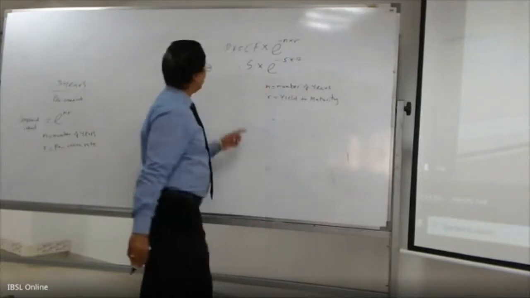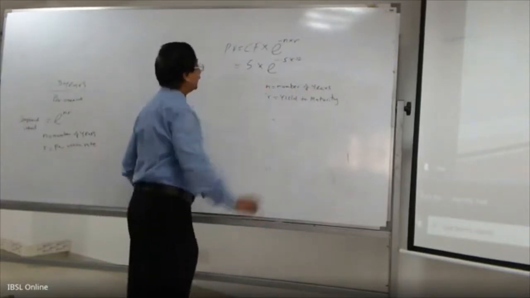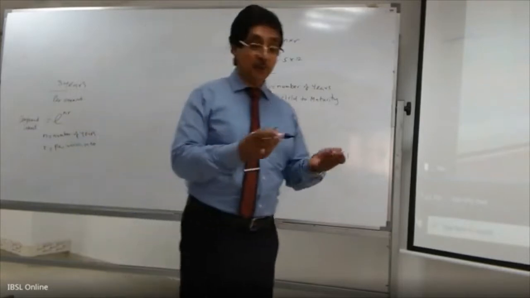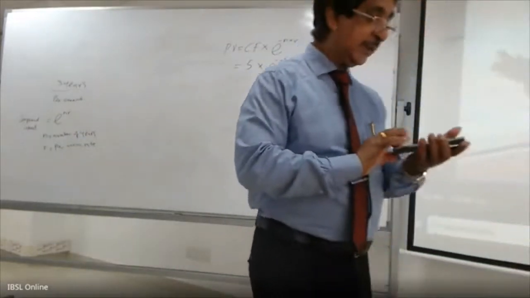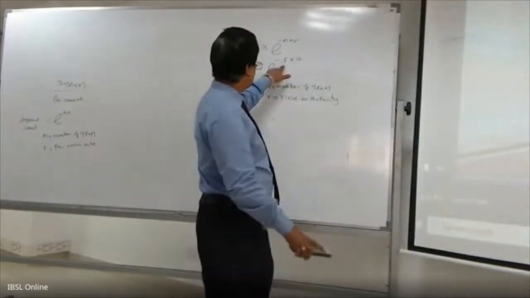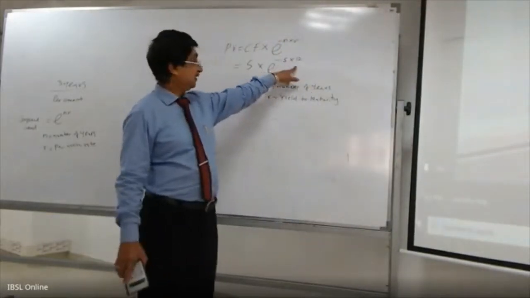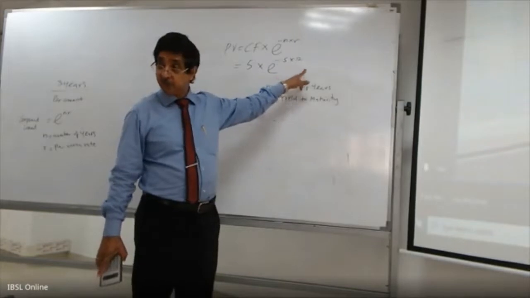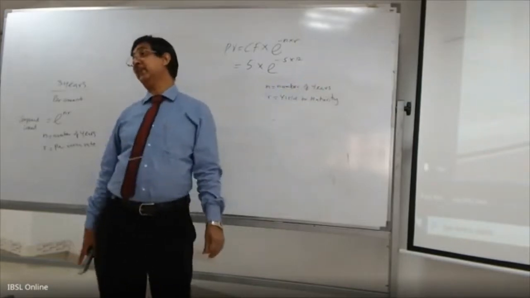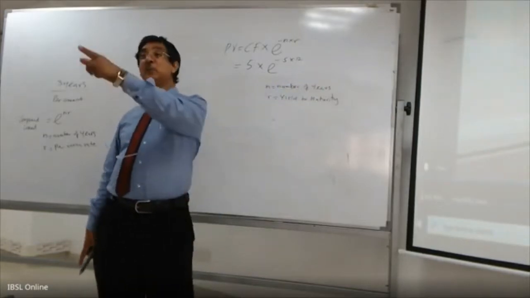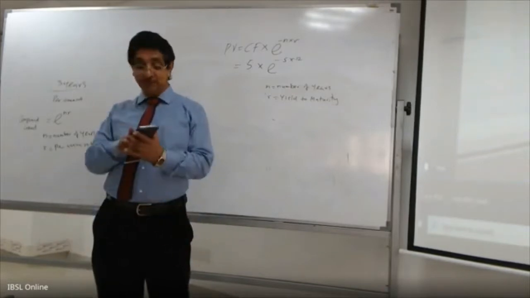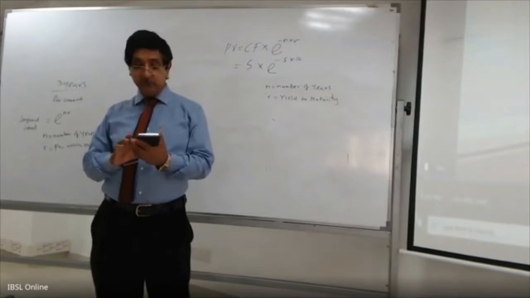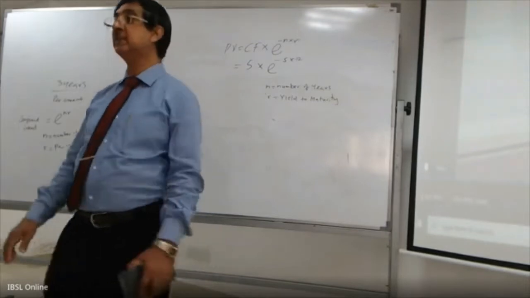Right. Now, how do we do the calculation? Now, if you take this power, 0.5 into 0.12, what is the value there? 0.5 into 0.12, you get 0.06.